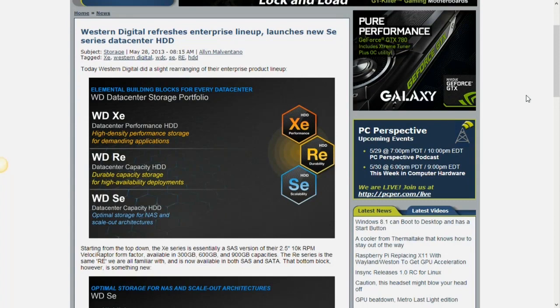Okay. But then if you carry it a little bit further from Red, which is like your home office, data center-ish sort of thing, a little NAS kind of thing, there used to be a big gap between that and an RE, because an RE is like an all-out enterprise class drive, right? But you had some enterprise customers that were like, hey, we want enterprise class drives, but we're just doing a storage array or something.